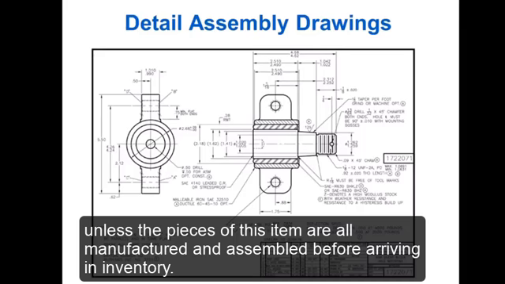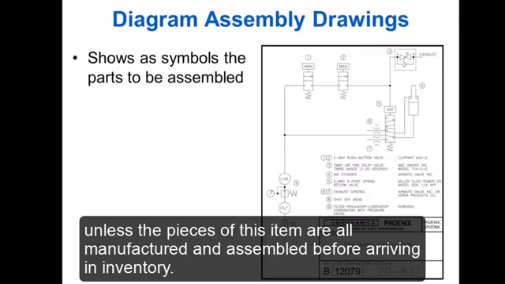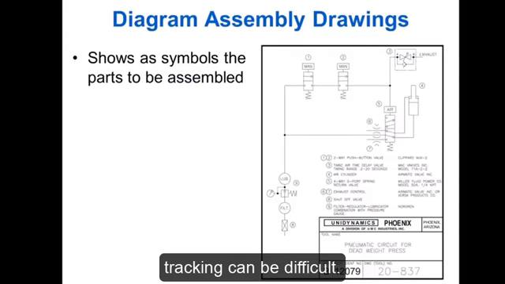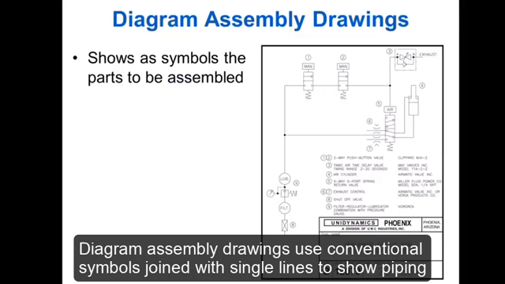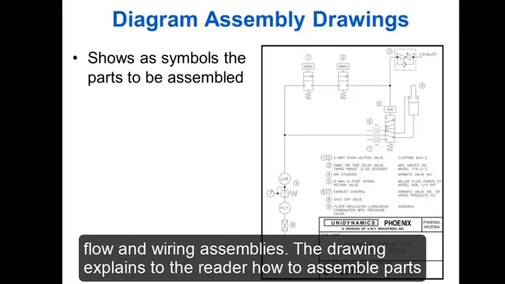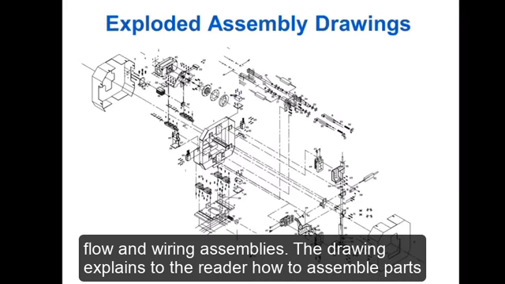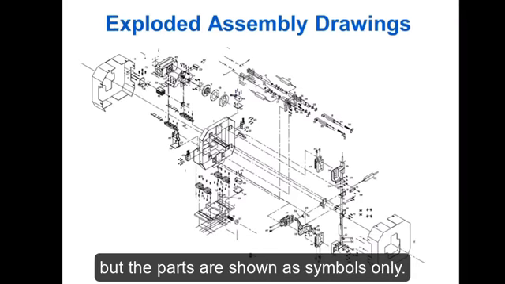Unless the pieces of this item are all manufactured and assembled before arriving in inventory, tracking can be difficult. Diagram assembly drawings use conventional symbols joined with single lines to show piping flow and wiring assemblies. The drawing explains to the reader how to assemble parts, but the parts are shown as symbols only.